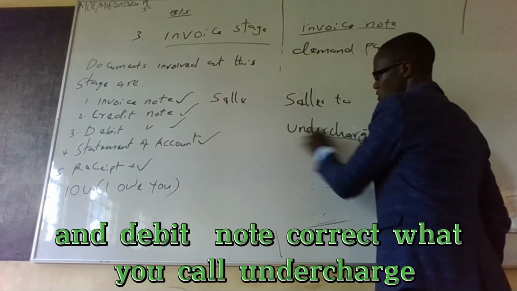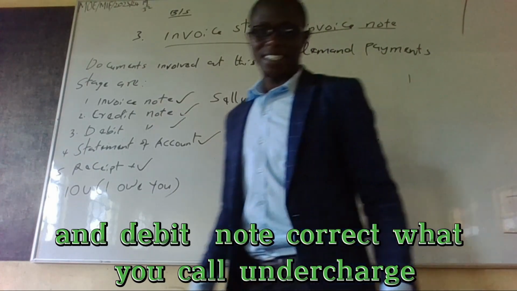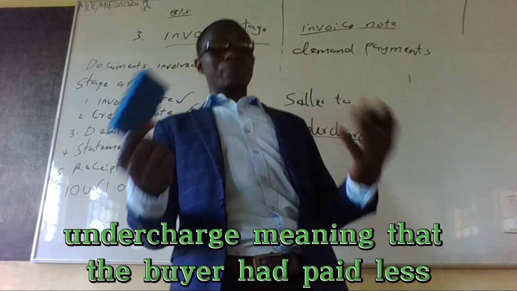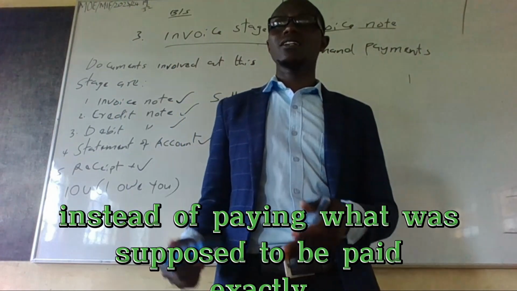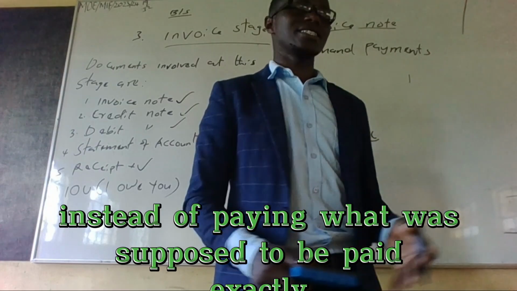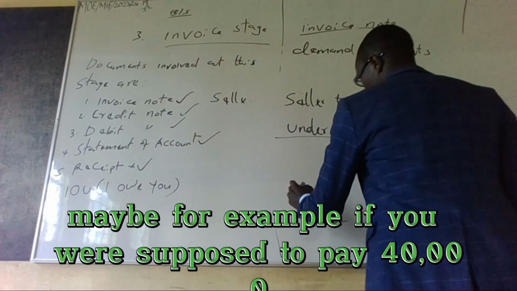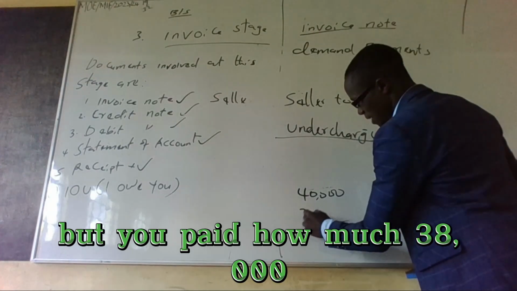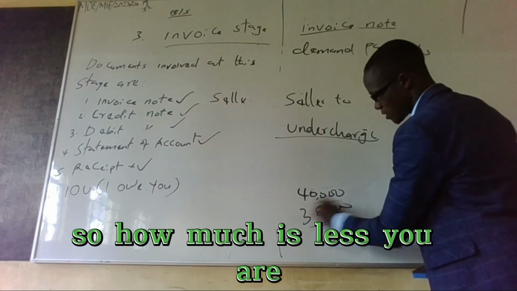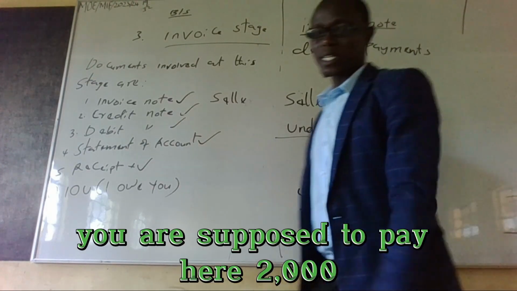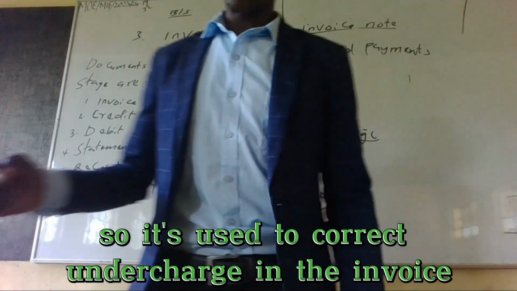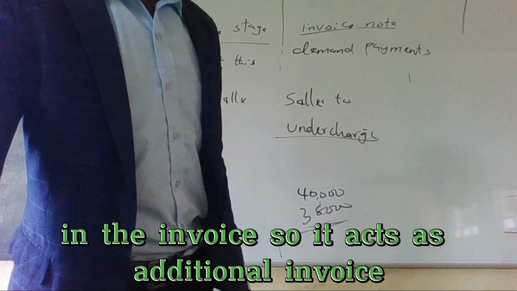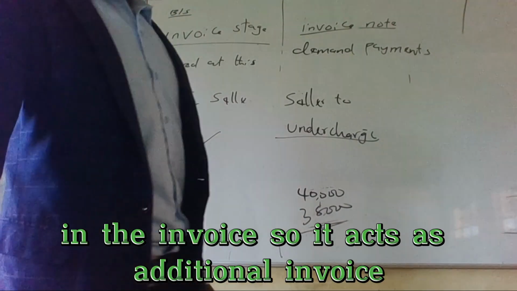A debit note corrects what we call an undercharge, meaning that the buyer had paid less than what was supposed to be paid. For example, you were supposed to pay 40,000, but you paid 38,000. So how much less did you pay? 2,000. So it's used to correct an undercharge in the invoice. So it acts as an additional invoice.